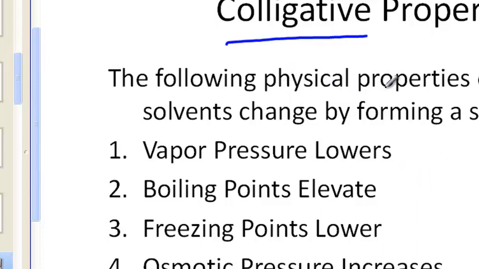Those physical properties that change include vapor pressure, boiling points, freezing points, and osmotic pressure, the pressure across a semi-permeable membrane. We'll tackle these and talk about why vapor pressure lowers. Because the vapor pressure lowers, boiling points elevate.